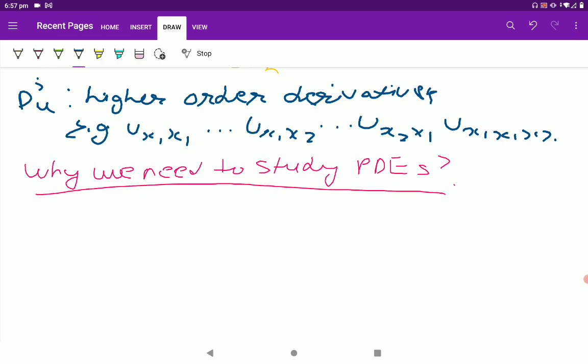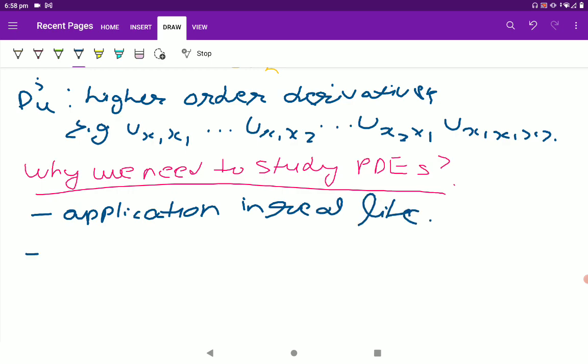The answer is, first, because they are everywhere around us, because they find application in real life. And second, because they are interesting from a mathematical point of view.